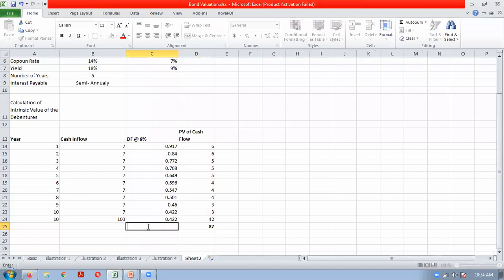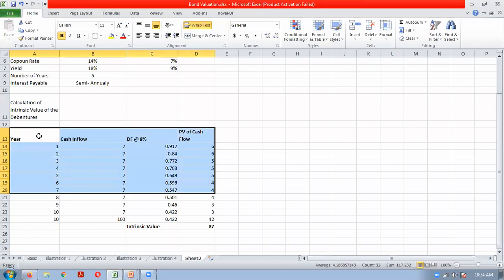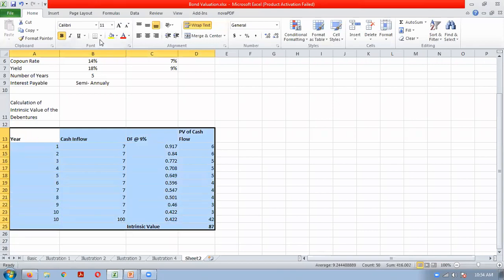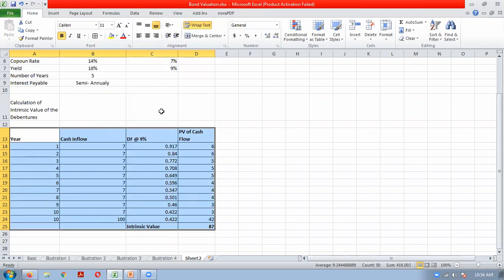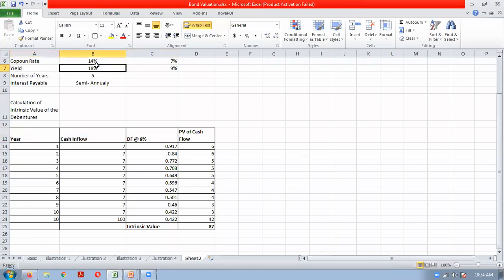Intrinsic value of the debentures, how much is it? 87. So this is how you have to calculate in the case of semi-annual interest. The method is the same; only you should divide the coupon by half, halve the yield, and double the number of years, and the method will remain the same.